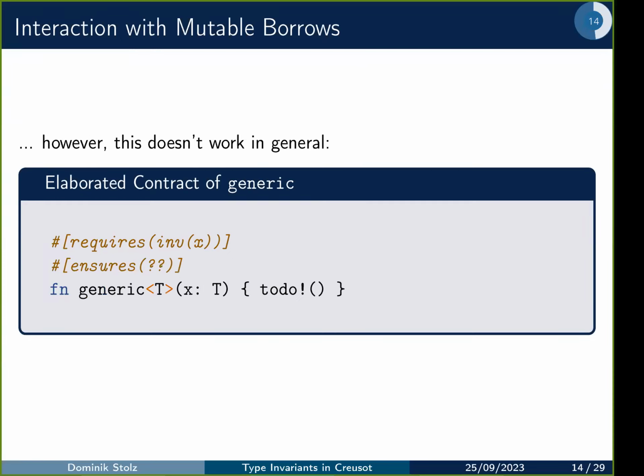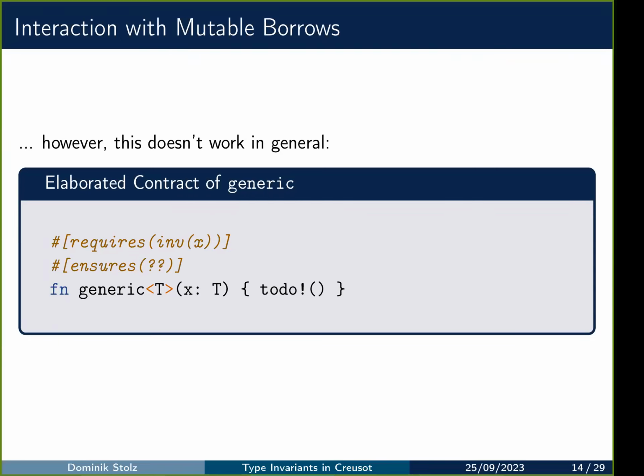So we look at a function generic, which takes an argument of generic type t, and again, based on the argument type, we would add a precondition saying that the invariant of x must hold. But in this case, what should the post condition be? Just based on the type of the argument, we don't know whether it might be a mutable reference, and we might need something telling the caller what happens to the final value of the reference.